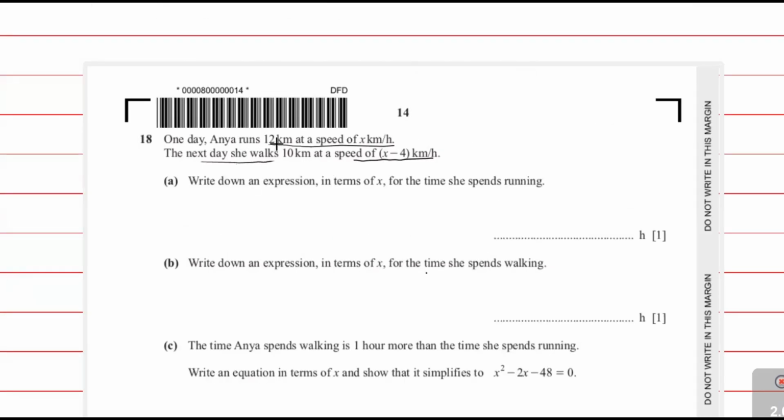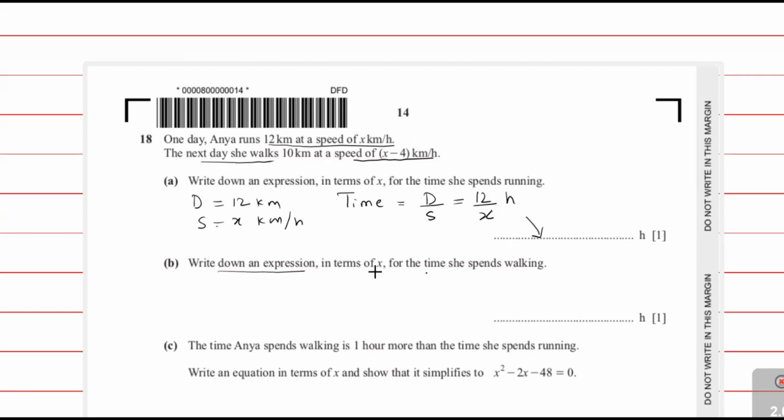Look here, the running distance is 12 km and the speed is x km per hour, and we have to calculate time. Time equals distance over speed. Distance here is 12, speed here is x. This is 12 over x hours, and this is the answer.